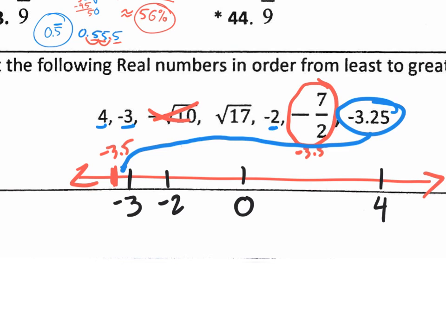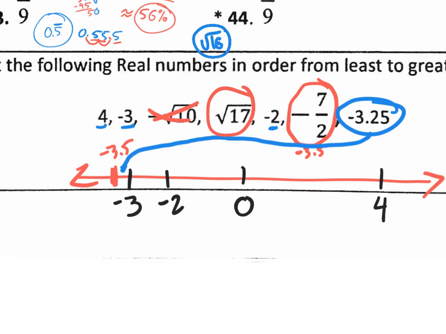The square root of 17. I don't know what that is unless I think about perfect square numbers. So where would the square root of 17 be in terms of perfect square numbers? It's going to be really close to which perfect square number? 16. The square root of 16, right? Which the answer is 4.